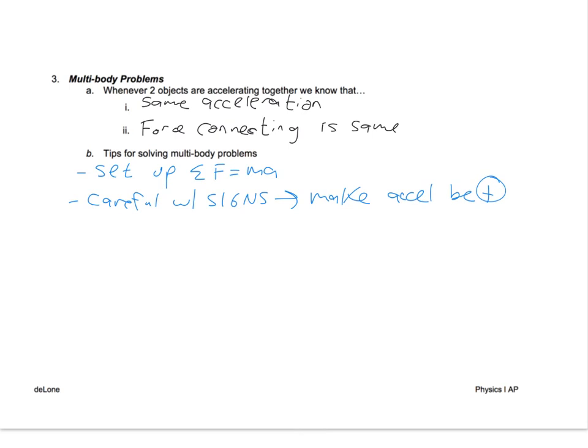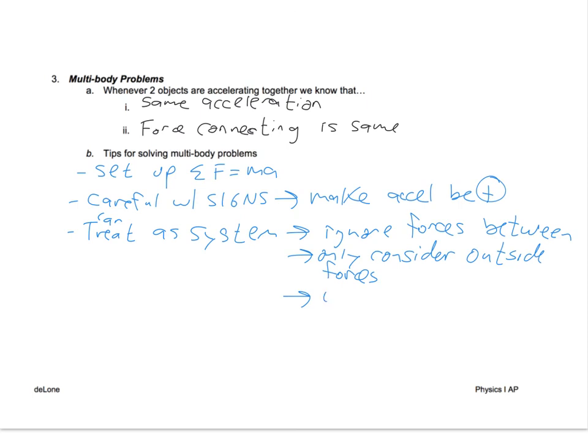And the last thing to keep in mind here, and this is partially a conceptual idea, but also a trick that could be of use to you, is we can always treat as a system. We don't have to, but we can treat as a system. And if that's the case, we ignore forces between the objects and only consider outside forces.